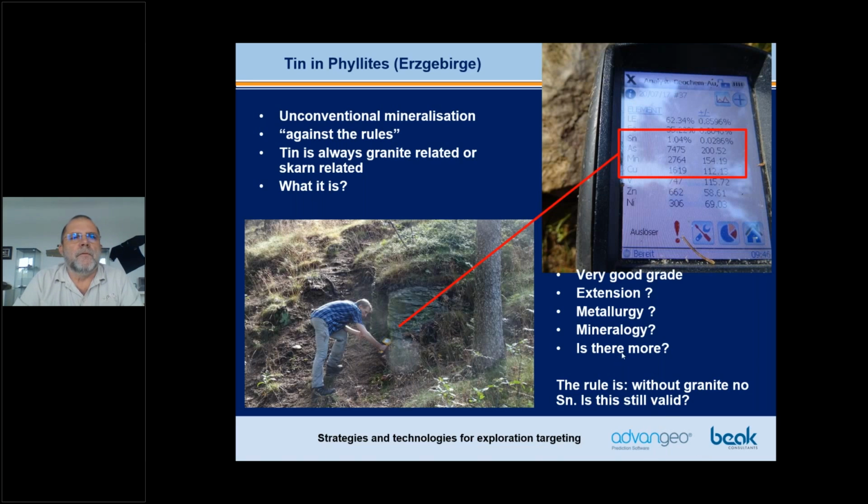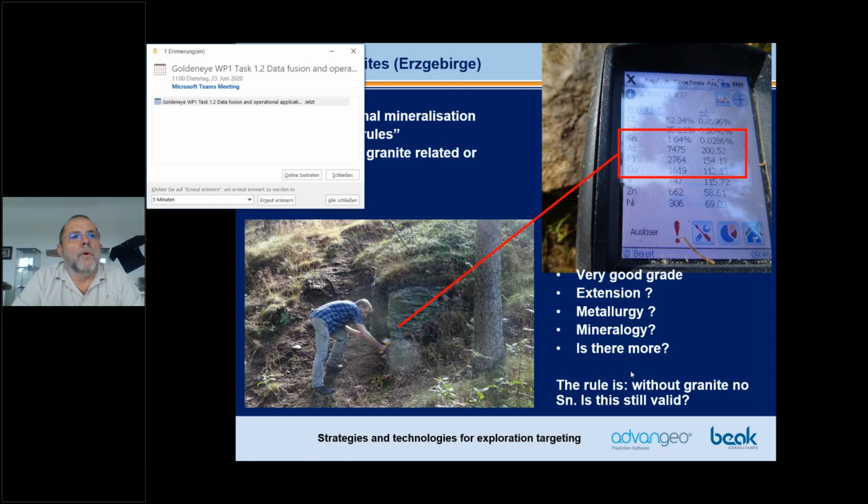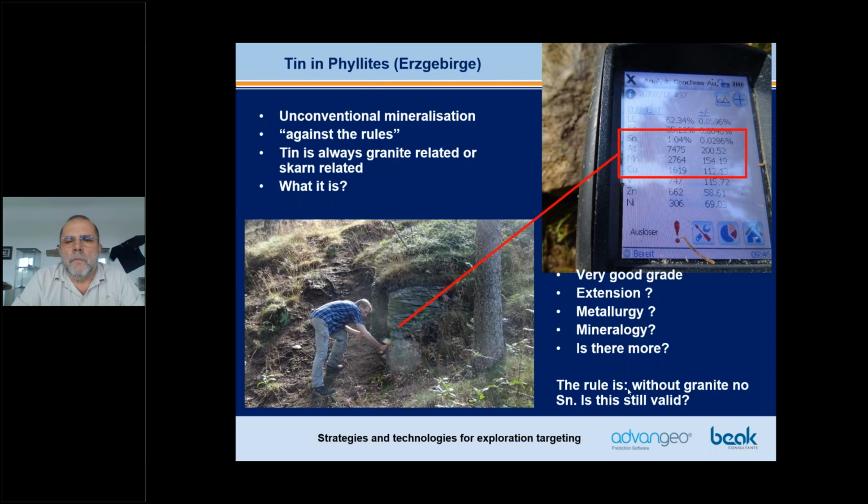But it is somehow against the rules. It is not related to a granite. We don't know what it is. It's not clear what the extension is, the metallurgy, the mineralogy, if there are more of this type of tin or not. And we need to understand what it is.